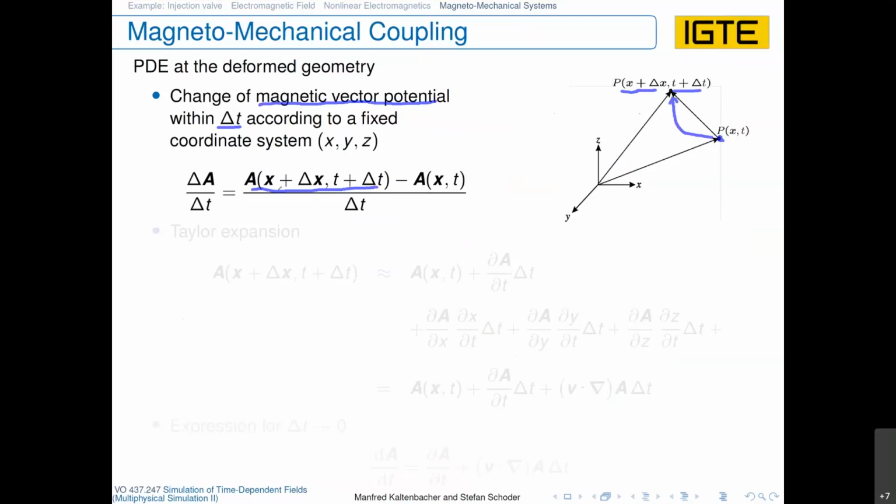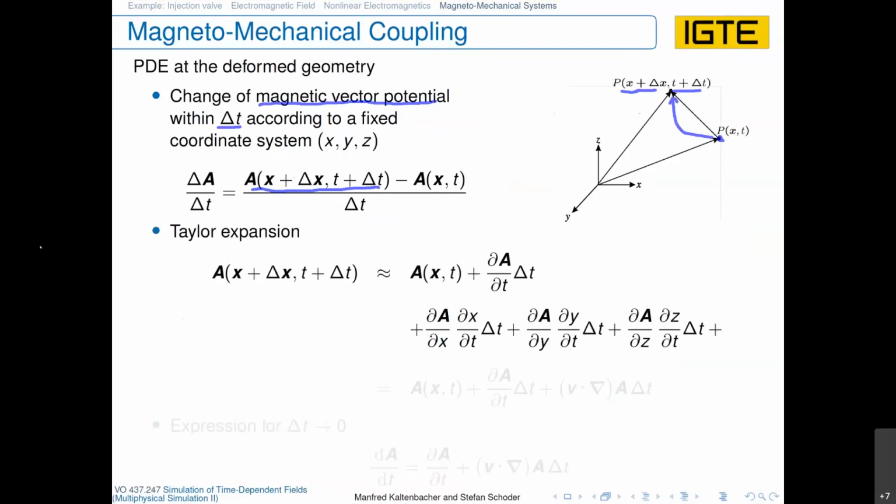So we have to take the difference when we evaluate the magnetic vector potential at position x plus delta x and time t plus delta t minus the value we had at the previous position, which is the position x and previous time t, divided by delta t. So if we do a Taylor expansion, yeah, so this is our classical term where you can do a Taylor expansion. We assume delta x as well as delta t is small. Then what we get is this expression.